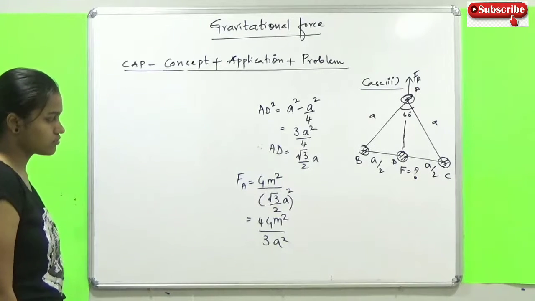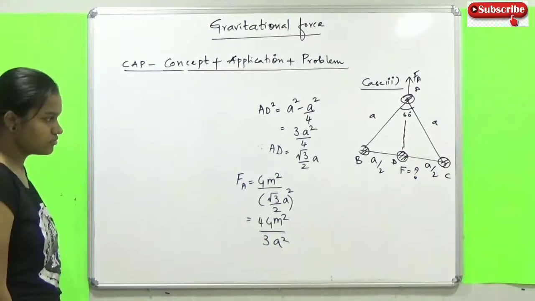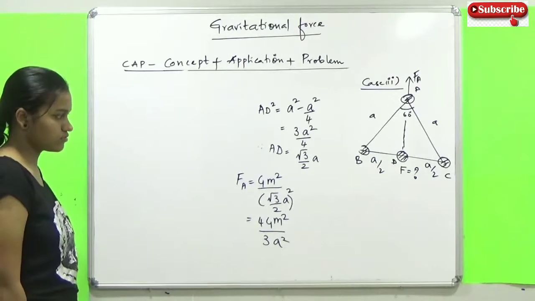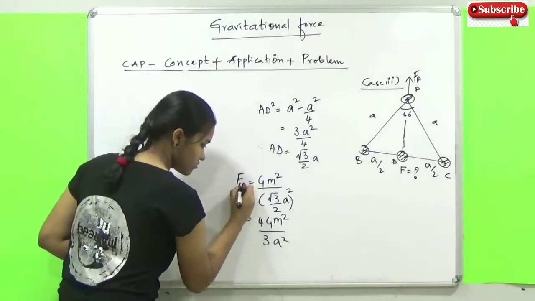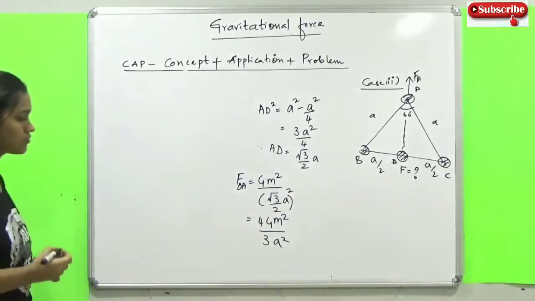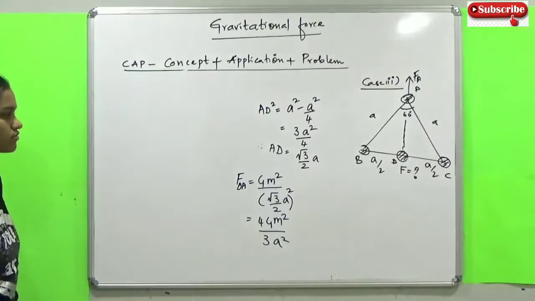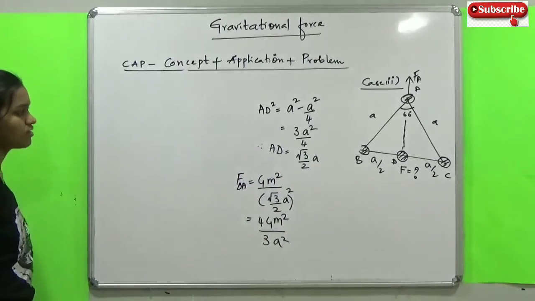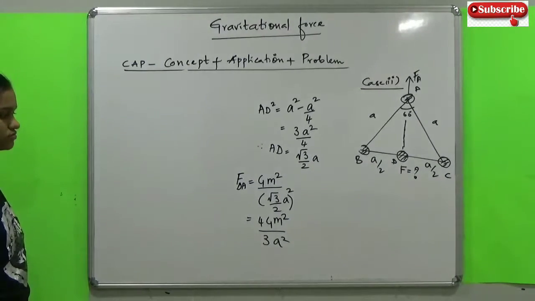So now the force acting on A, that is the net force from D to A, we can write as F dA. So F dA is gm square divided by the distance root 3 by 2 A whole square. So we finally get 4gm square by 3A square as the net force.